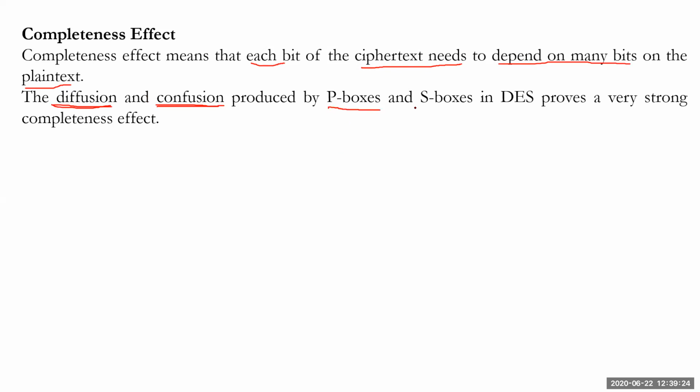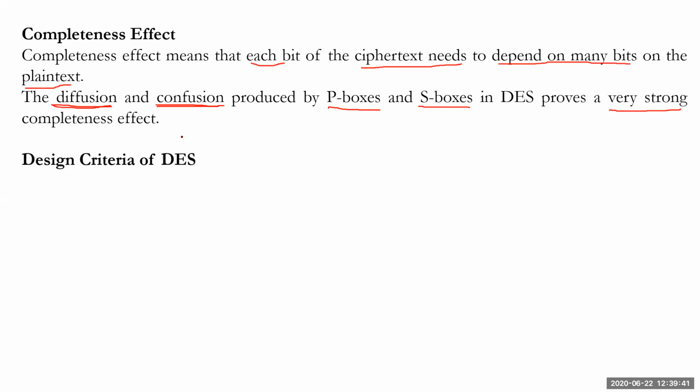Therefore, we have used many S boxes and many P boxes, so that it generates a very strong completeness effect in DES. So this is the point we would like to consider here.